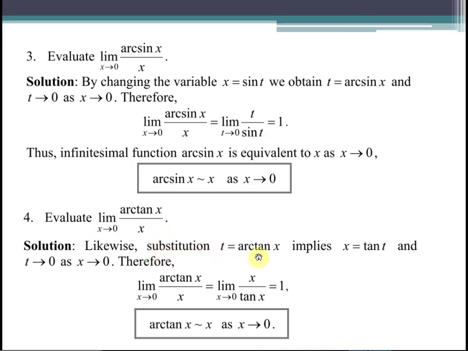Similarly, we can substitute t is arctangent x, which implies x is tangent t, and t tends to 0 as x tends to 0. Doing the same work as in the previous example, we have here just t over tangent t. This is 1. So now we get the fourth one. Arctangent x is also equivalent with x as x tends to 0. It's very important, as x tends to 0, only in this case.